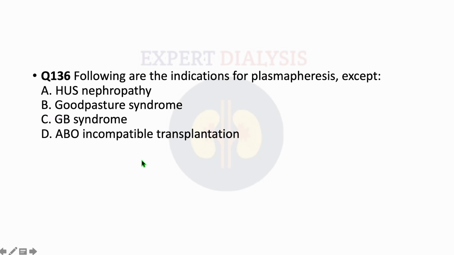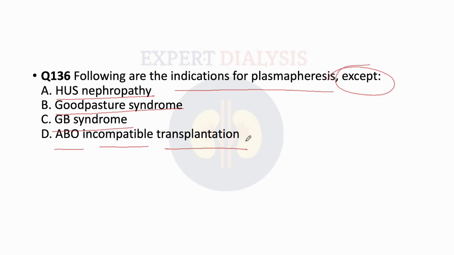Moving to the next question, it says, the following are the indications of plasmapheresis except. We have to find the exception. Option A is HUS nephropathy, option B is Goodpasture syndrome, option C is GB syndrome, option D is ABO incompatible transplantation.